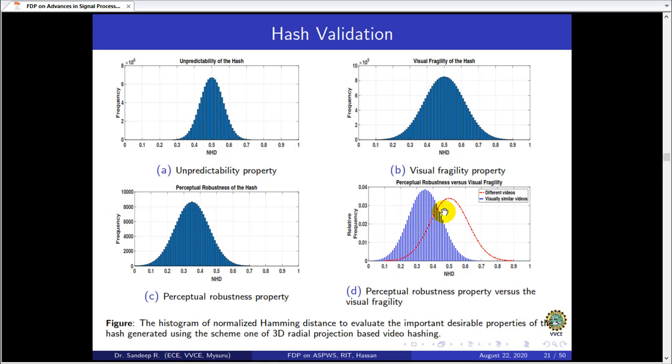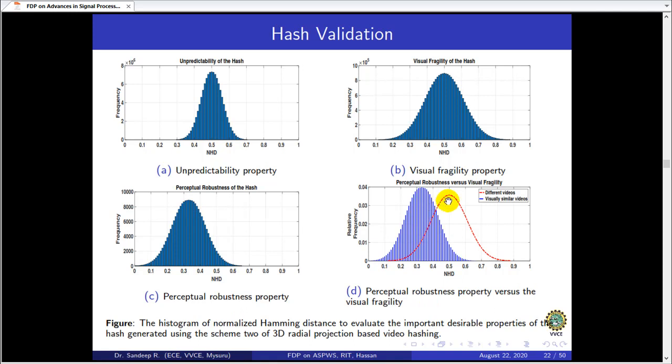This is based on scheme 1. Similarly, for scheme 2 we obtained this. You can see that the unpredictability property and visual fragility property are centered around 0.5, whereas the perceptual robustness property is shifting towards 0, but in this case it is around 0.35.